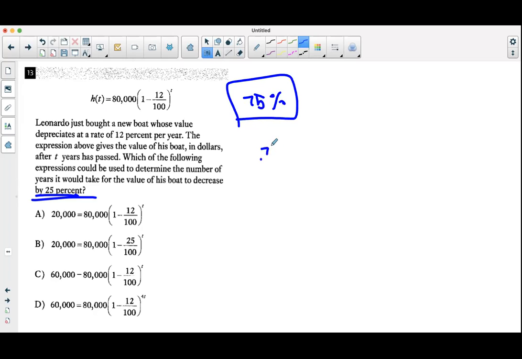I'm going to do 0.75 times 80,000, and you see that this is 3/4. So we got 60,000. So 60,000 has to be on one side. Then our answer has to be 60,000 equal to this expression.